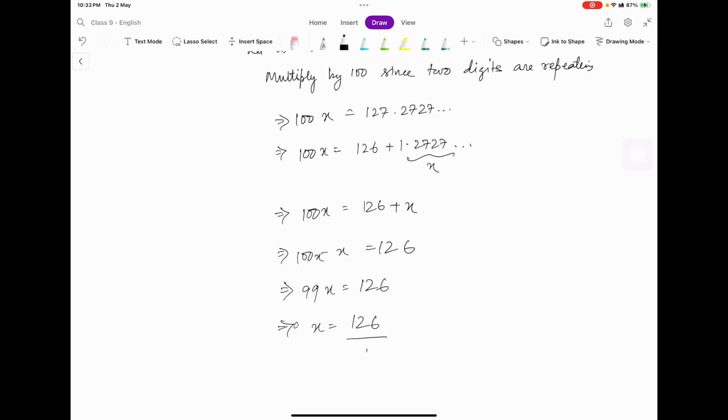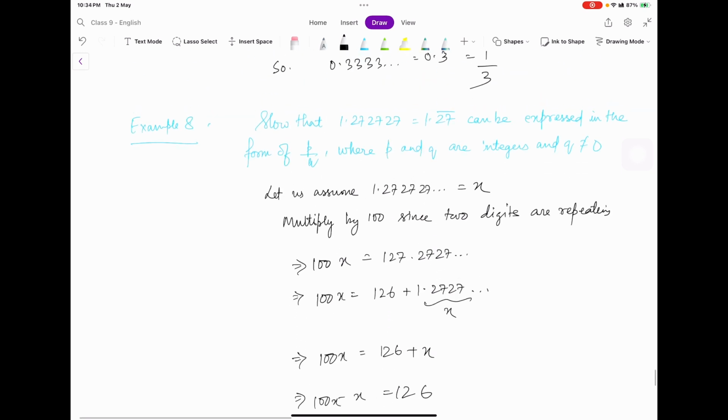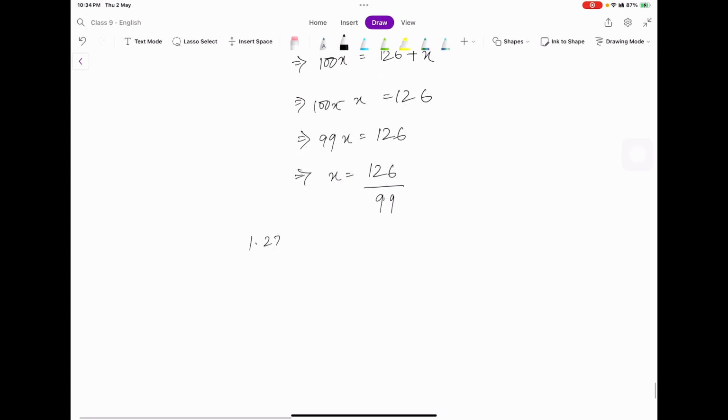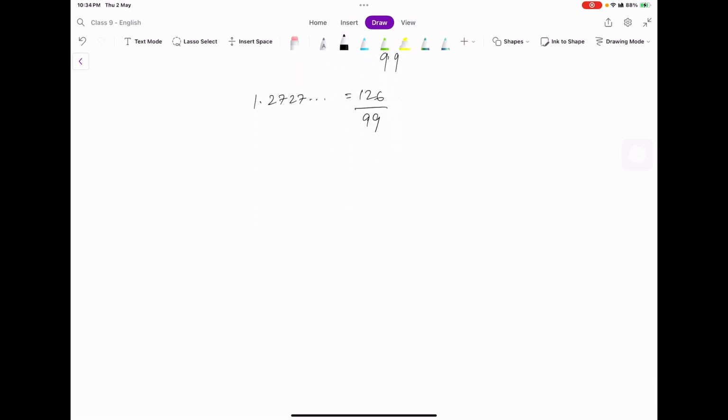So this is 99x, this is 99. So x is 126 by 99. So we found the value of 1.272727 and so on as 126 by 99. So this is the rational number whose decimal expansion is 1.272727.